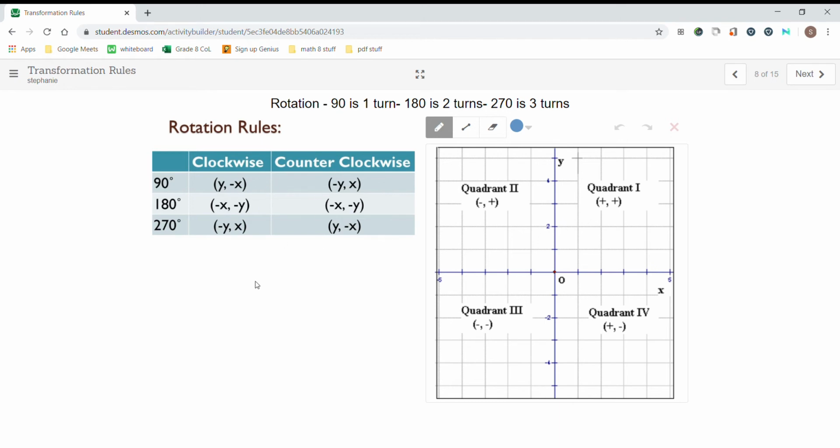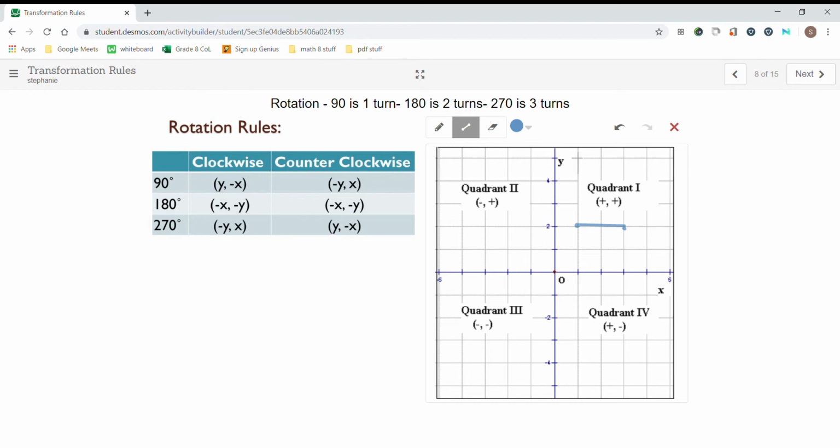Okay, so if I have a point, let's say on 1, 2. And I'm going to make another point on 3, 2. So let's just make a line right there.